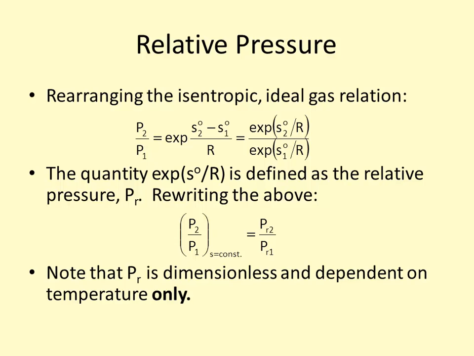It's unitless, and we can rewrite the above equation as such. So again, we have some property value that's dependent on temperature only, and if we know this relative pressure ratio, which we use later when we get into IC engines, the very last section that we talk about, then it will help us determine our actual pressure ratio. These are tabulated in Table 8-17.